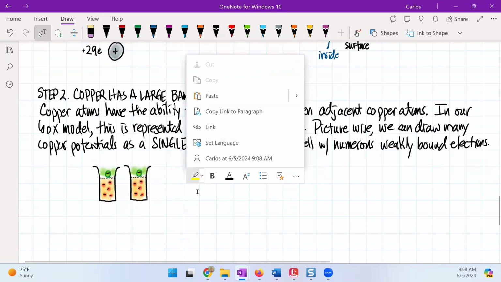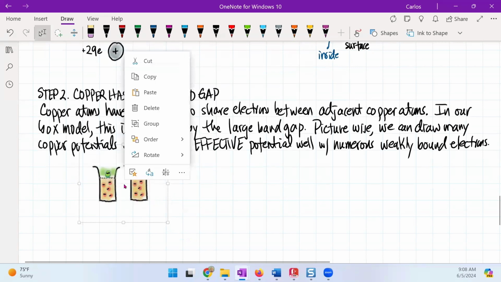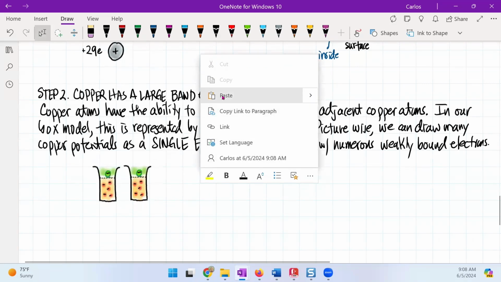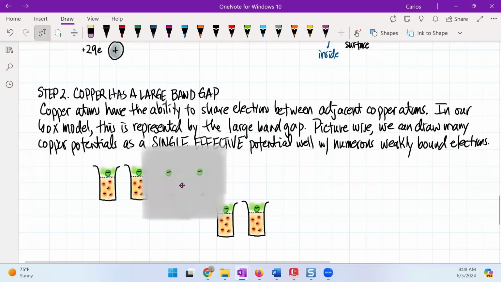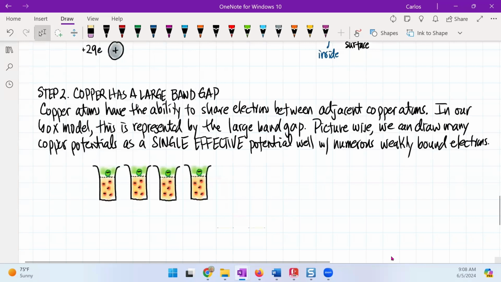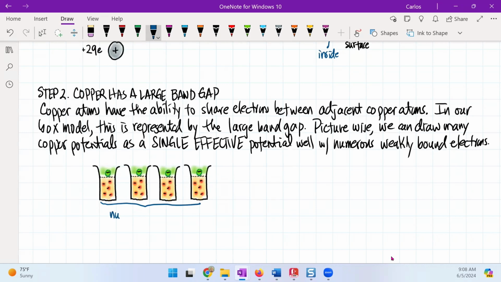I can just start putting these all together here. And so you could imagine that now I have numerous ones. And what I'm saying here is that this represents numerous copper atoms. And then I'm going to model this as a single effective potential.